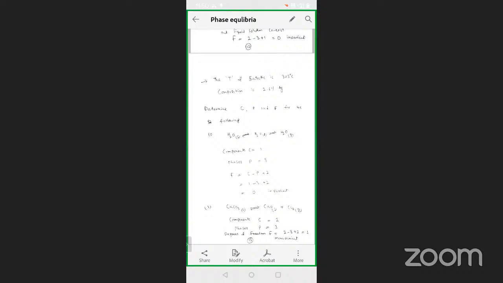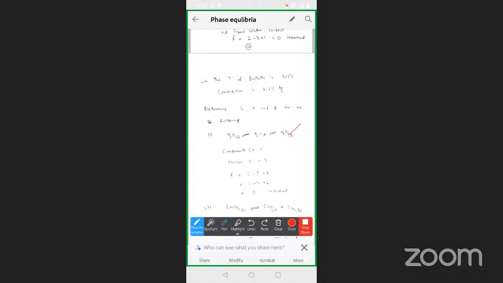So let us practice once again for these systems which are in equilibrium: determination of components, phases, and degrees of freedom. Okay, is it clear for all of you, dear students?